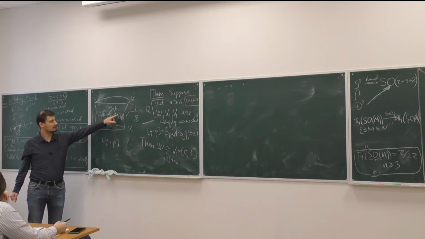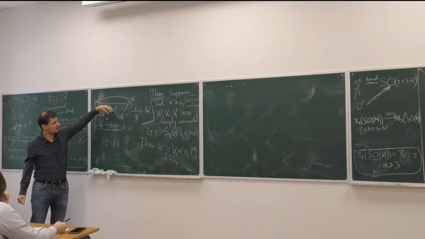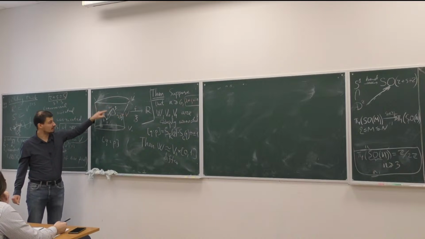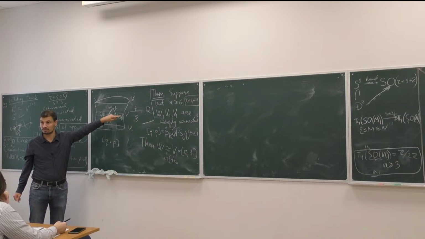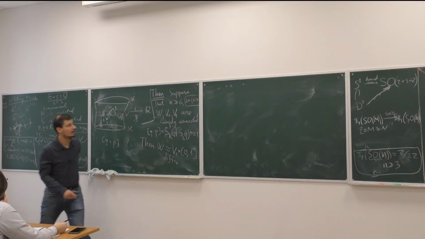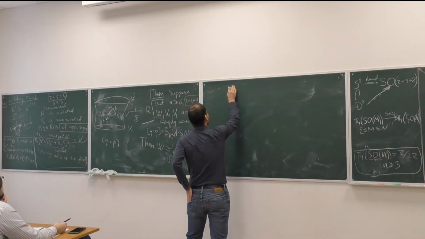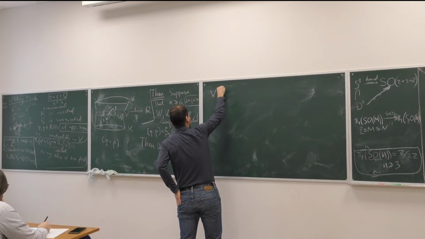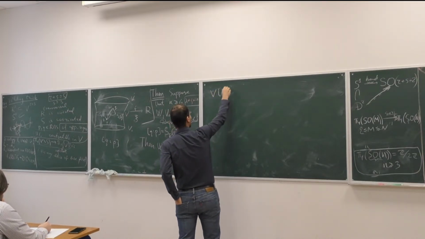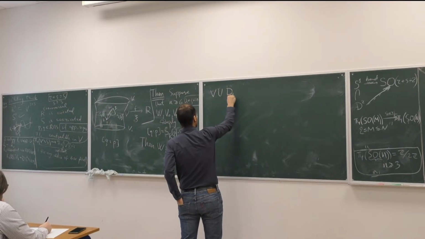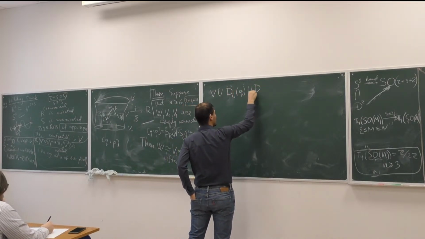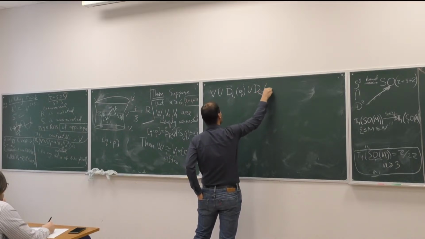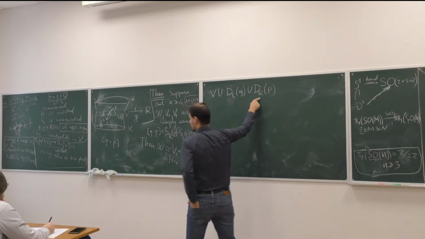Let us consider V together with the attached left-hand disk of Q and right-hand disk of P. So let us take this union, V cup left-hand disk of Q cup right-hand disk of P. So this is V with two disks attached.